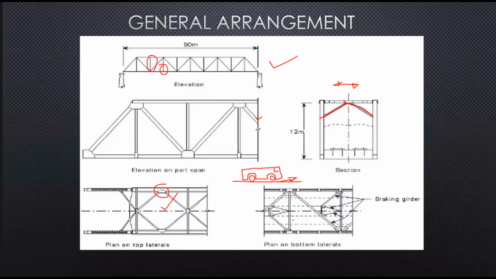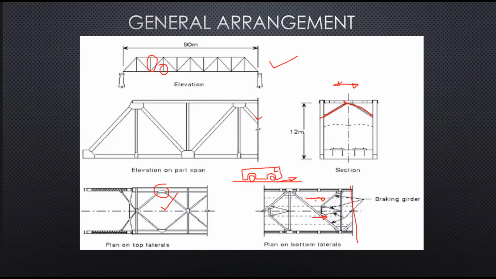Similarly, when the trains run on the lower cords, the tractive and the braking efforts are there, which are basically longitudinal forces that occur at the rail top, correct? So they have to be aggregated and transferred to the edge.